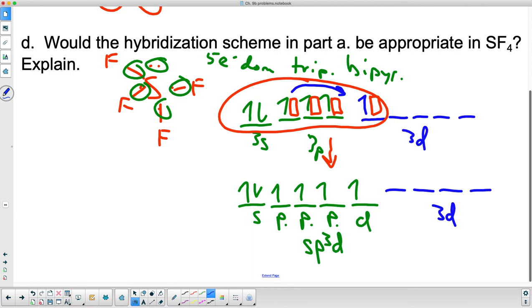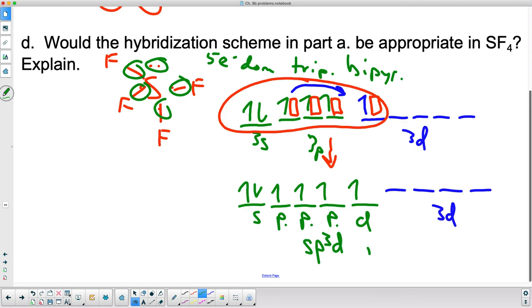I think I just made up a new word, which means that the 1 d orbital with an electron in it, this one right here, has now been pulled down and integrated with the other 4. So now I have 5 orbitals that are called degenerate, which means all at the same energy, which is where sp3d comes from. And that's only with a trigonal bipyramidal.